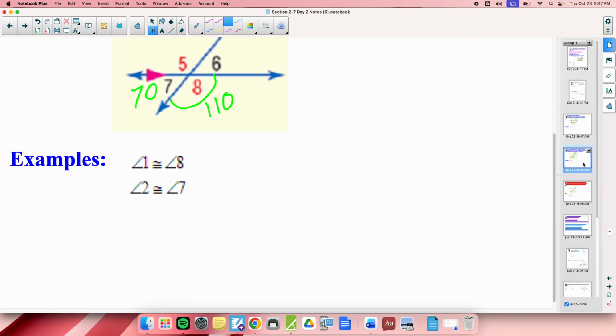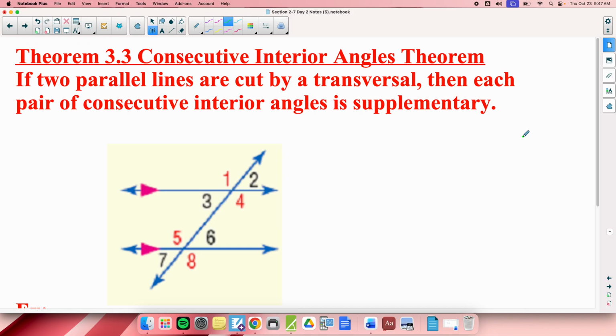Then let's look here. Every type that I've talked about so far is equal. There's one that's not equal, and that is our consecutive interior angles. They equal 180, okay?